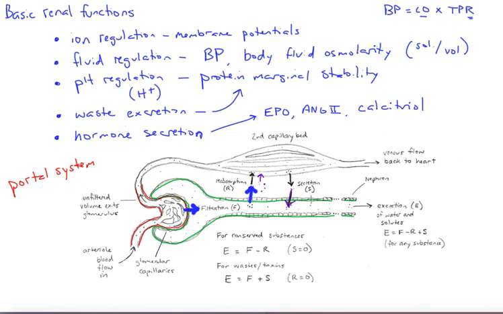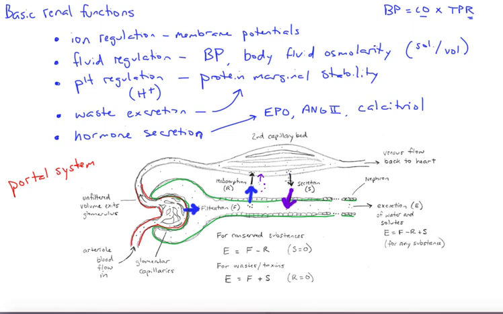So secretion is when we take something that was not filtered, this arrow a little fatter, something that didn't pass through here. Just remember that 80% did not get filtered and comes through here. But let's say it's a waste molecule. Well, we can do better than excreting 20% of our wastes on any given pass. 20% got filtered.